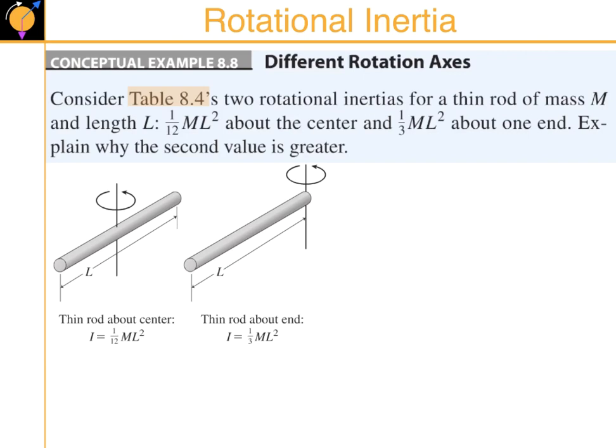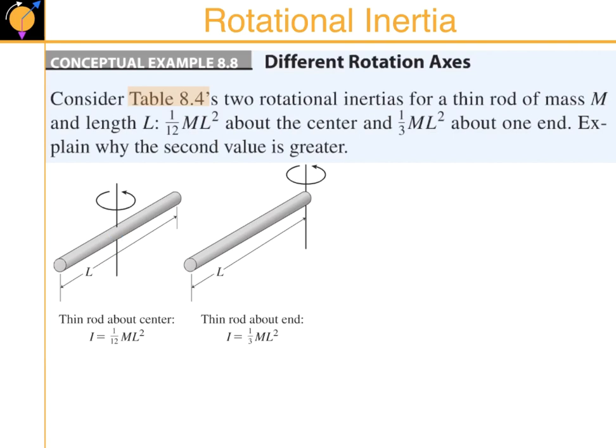Now, why is that? We talked about how the moment of inertia is a measure of how hard it is to spin something. If I want to spin this rod about its center, it would be easier because on average, the ends aren't that far away from the axis. But if I want to rotate it about one end, the mass way out here is way further away. So it's going to take more energy to get this spinning.